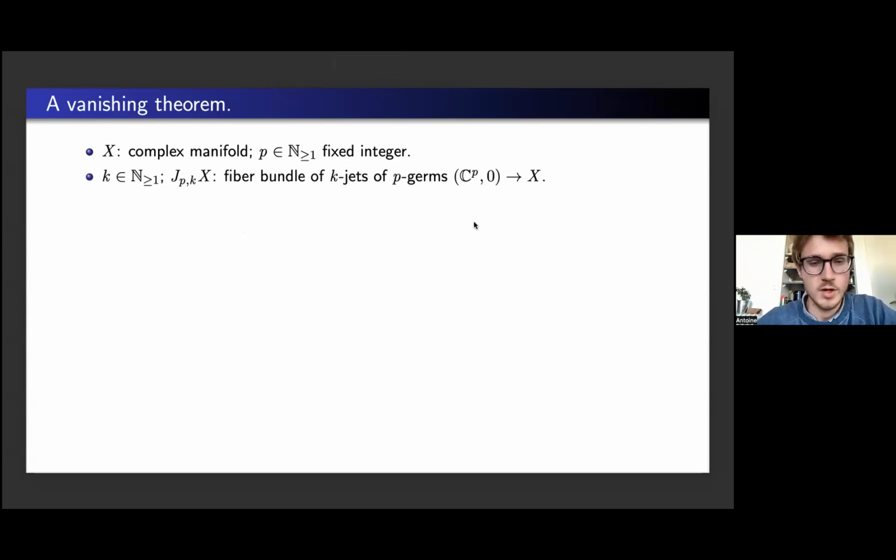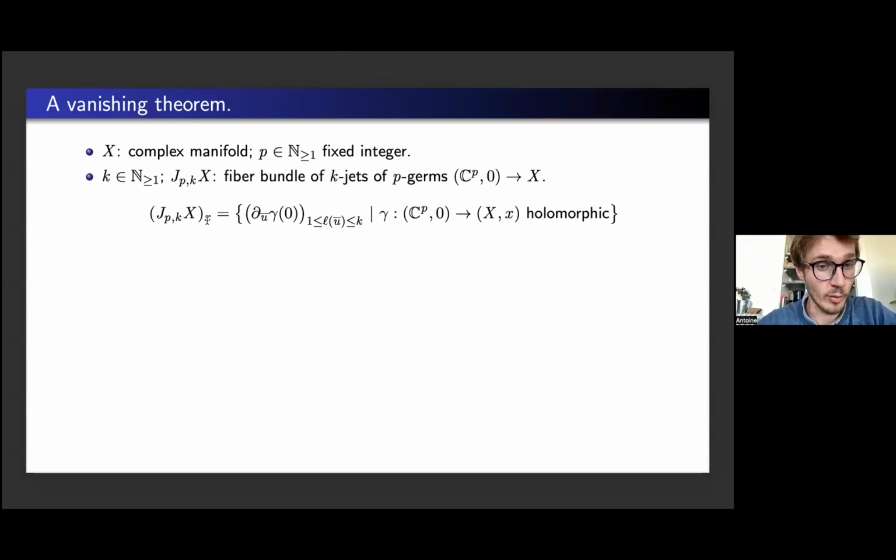Okay, so we just explain the typical fiber of this fiber bundle, because it's actually a quite natural generalization of the tangent bundle. So the fiber of our point is simply the following.